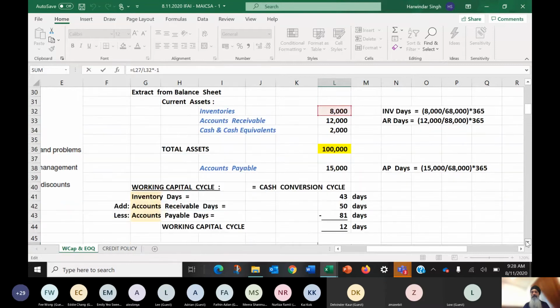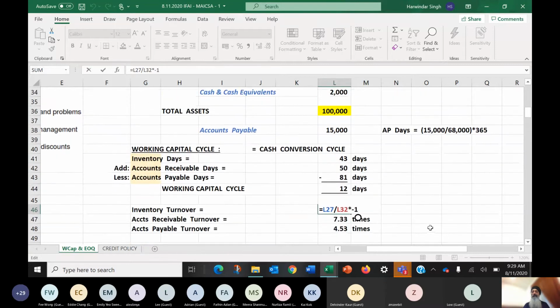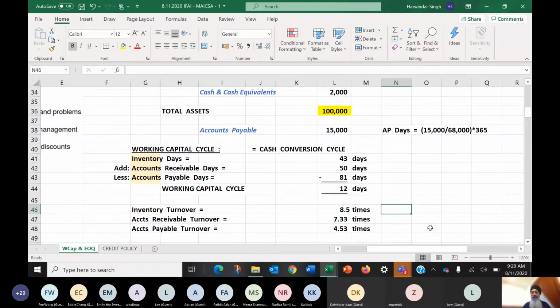So I am taking cost of sales divided by inventory, which will give you your inventory turnover.